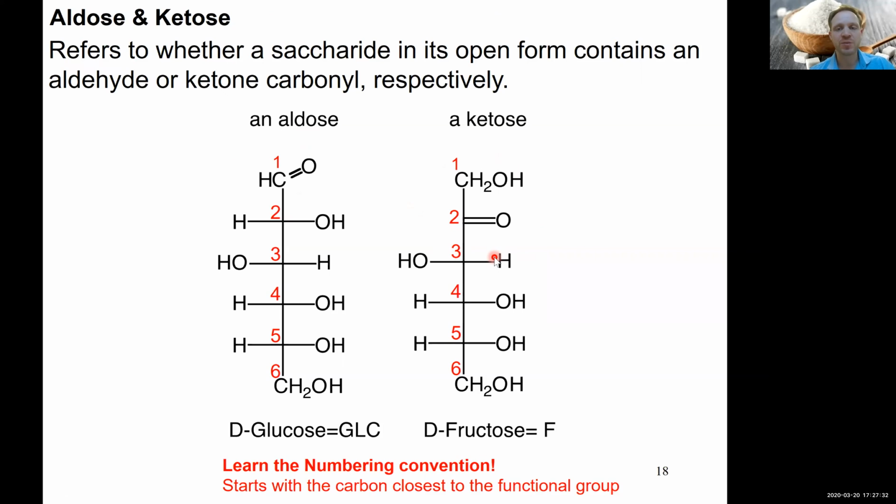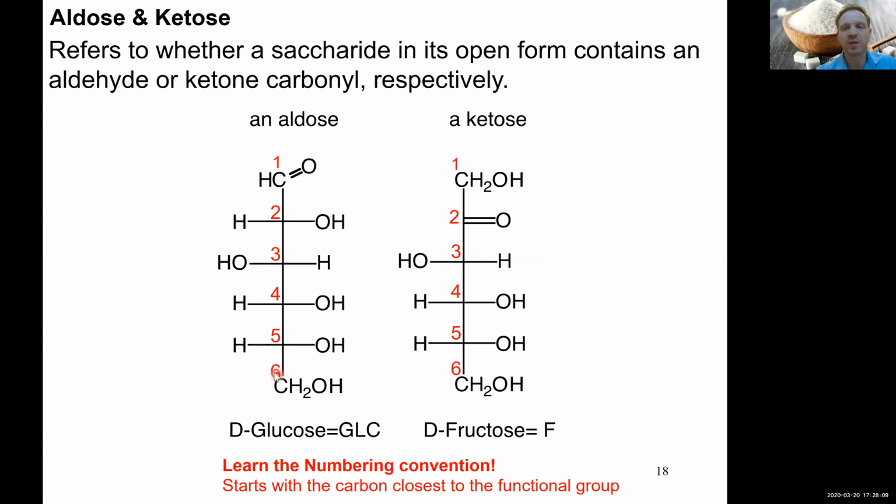Also, I would ask you to really understand the numbering system for our sugars. What you do is look for the functional group. In this case, this would be the aldehyde. In the other one, it would be the alcohol together with the carbonyl group. In the aldehyde, you start numbering the carbons closest to the functional group. So this would be carbon 1, right next to the functional carbonyl oxygen, and then you just walk down the molecule all the way to 6.